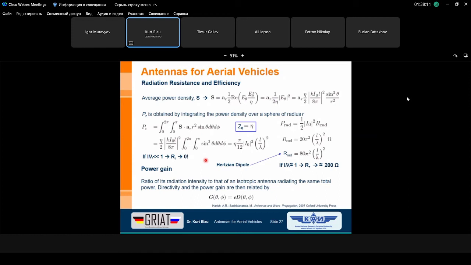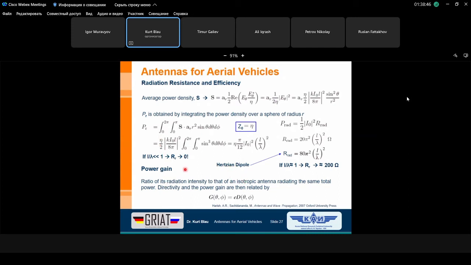This is the main point. The current distribution of the Hertzian dipole is assumed to be constant. And this is the base of all these discussions, and the base of all these developed formulas. In the moment the current distribution is not constant, then you cannot apply all the formulas I have shown you. And this will be explained later on.